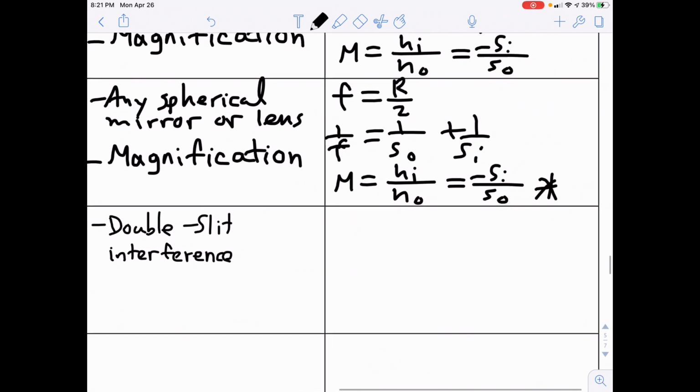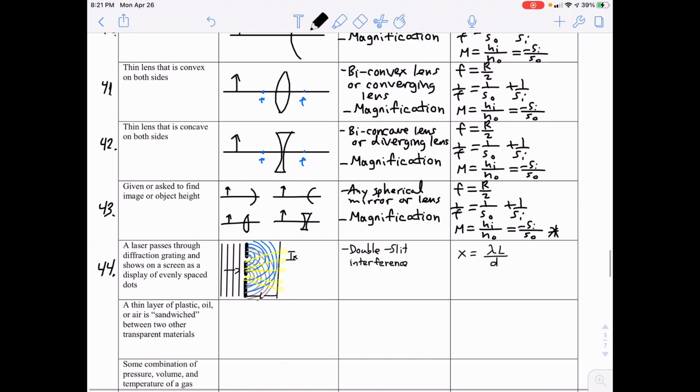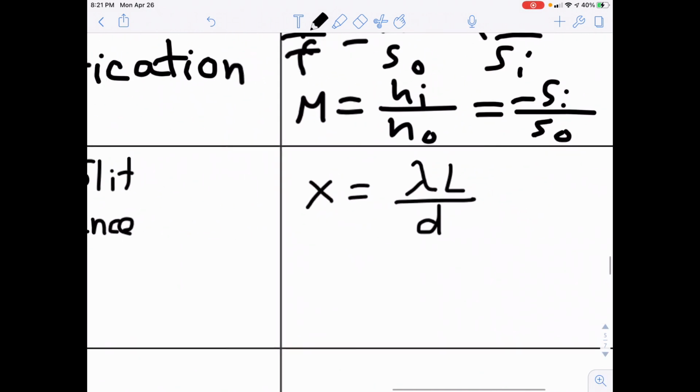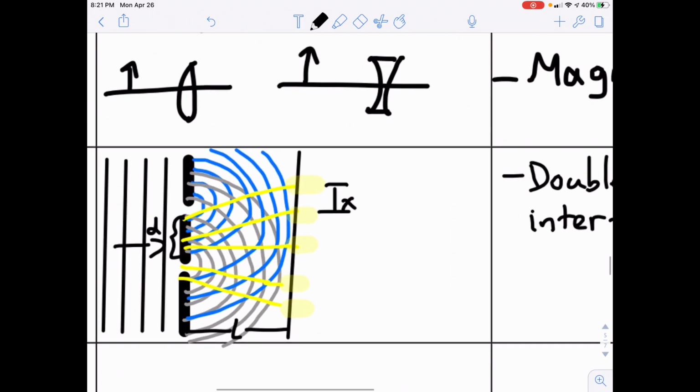And so if we look at the equation that matches this, X, the distance between bright fringes, is directly related to the wavelength of light and the length to the screen, but inversely related to the distance between the slits. So the distance between the slits is this right here. That would be distance D, how far the slits are apart. And M represents other integer multiples of adjacent bright fringes.